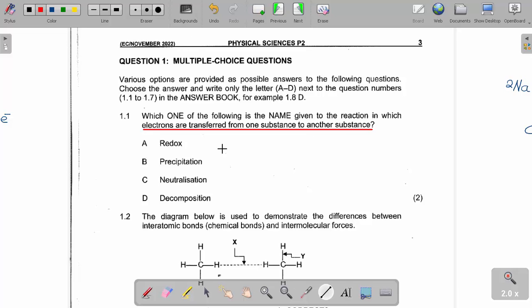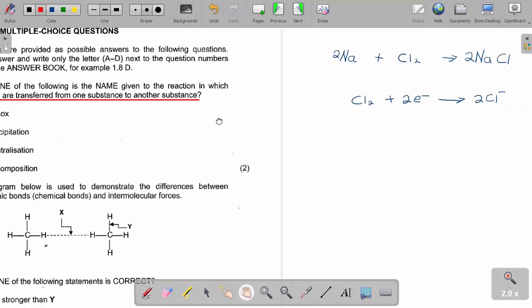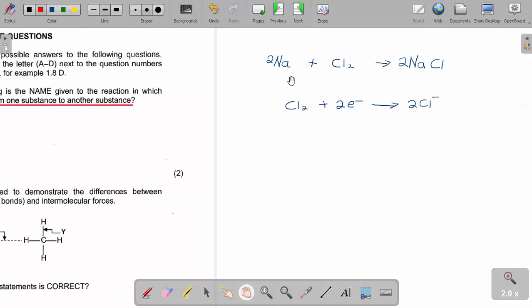So now to know our answer here, take an example of this one here. Now here I have sodium plus chlorine to form sodium chloride. You see this chlorine here, it's taking up electrons and it becomes chloride ions, meaning the chlorine is receiving electrons from sodium.